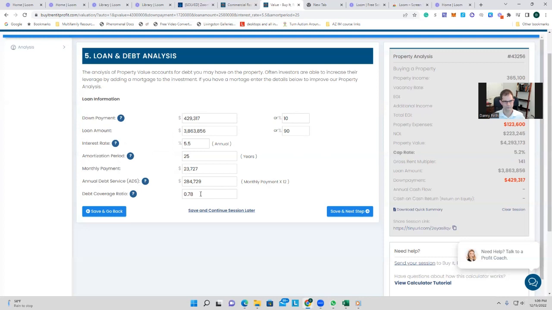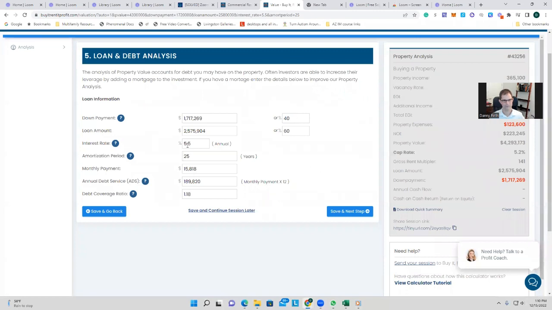But what you'll find is when you start borrowing from traditional lenders, they are going to have specific debt service coverage ratios in mind that you are going to have to meet. So what that means to you as the buyer is that you're probably going to have to put a bigger down payment down to make sure that you hit the specific debt service coverage ratio that they are after. But anyway, that's what we're after.